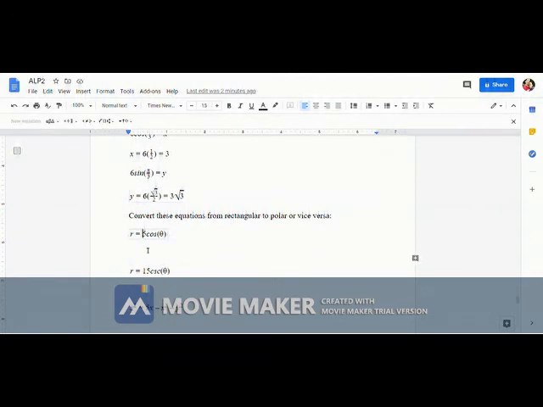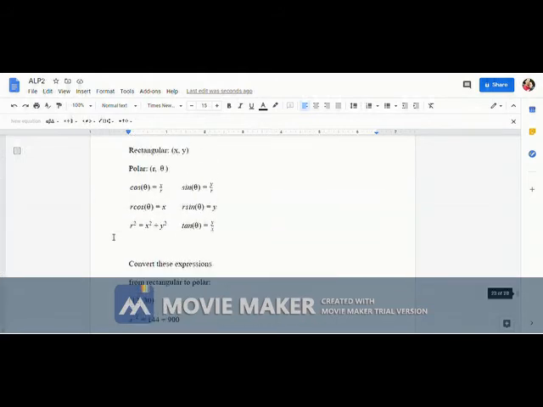So we'll just hop right in here. We can see that this equation is in polar form, so we want to get it over to rectangular form. And to do that, we know that cosine theta, well, that equals x over r.